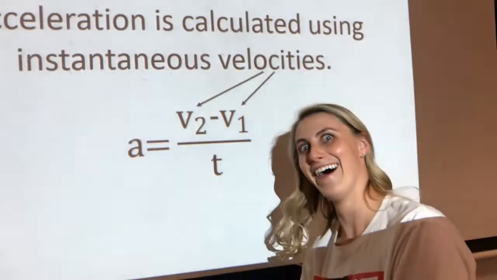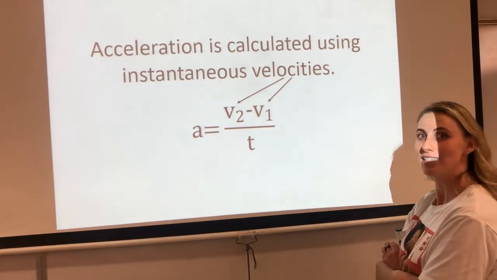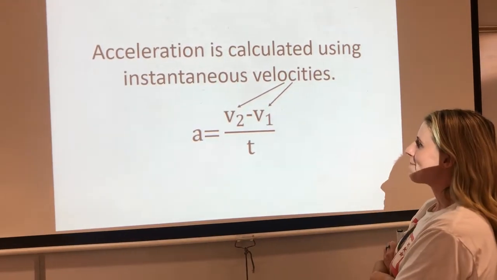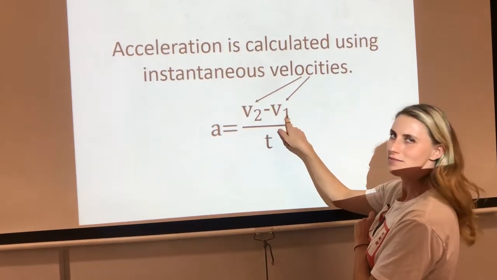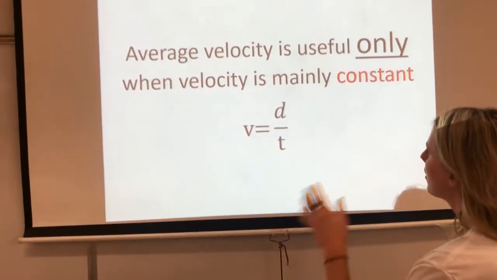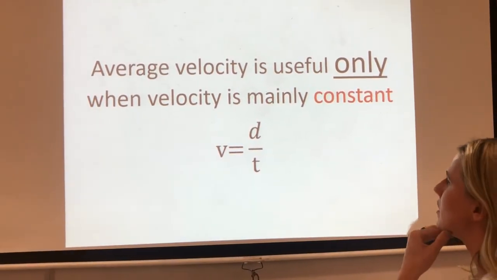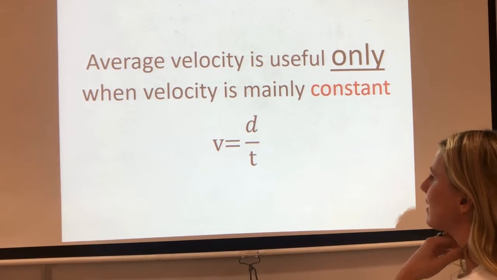Good Lord, how many times do we have to say it? It's supposed to be the fourth time, and it's going to happen a few more times. And you notice how it says V2, V1? Same thing. Average velocity is useful only when velocity is mainly constant.